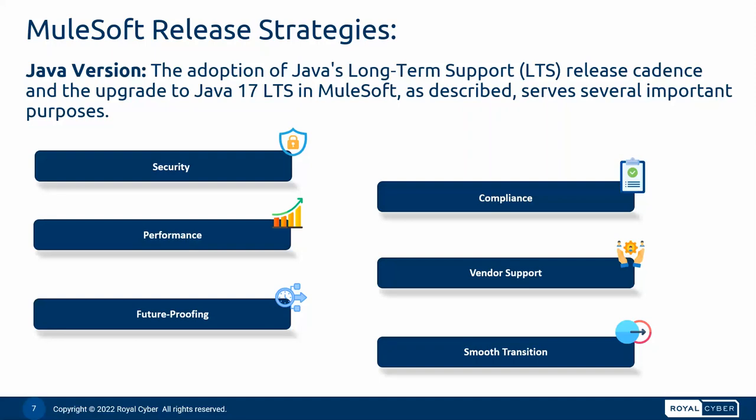Since these components rely on Java, assessing this compatibility and making necessary adjustments is essential for a smooth transition to the next newer Java version. This proactive approach ensures the MuleSoft users can continue to benefit from latest advancements in Java while maintaining the security and reliability of their Java integration solutions.